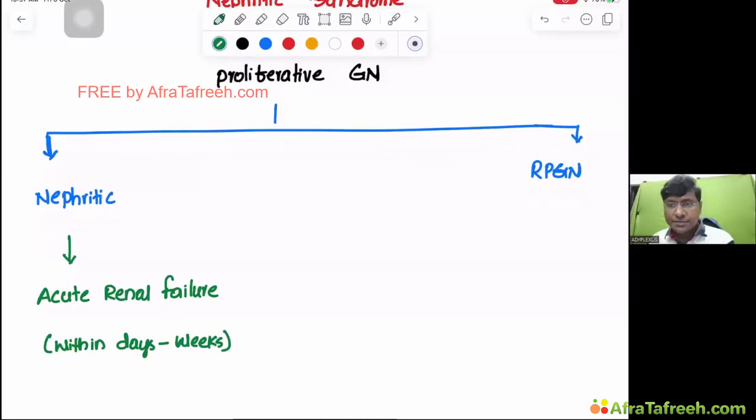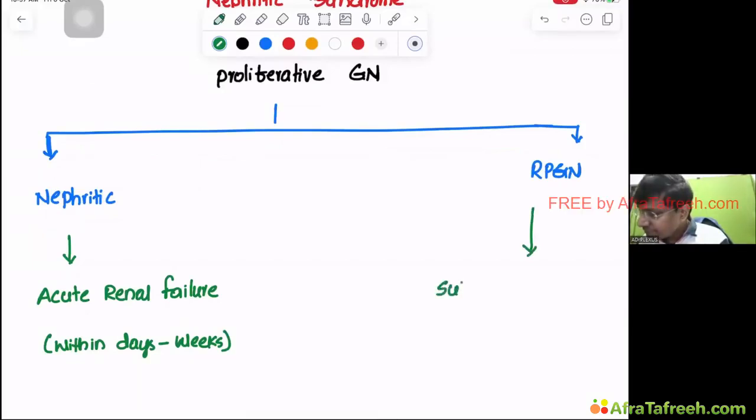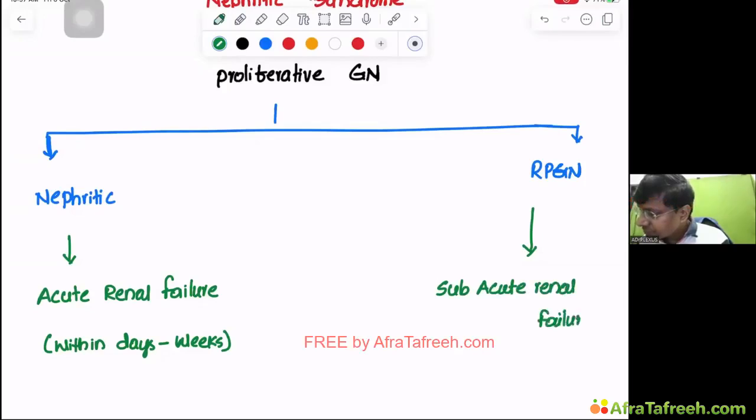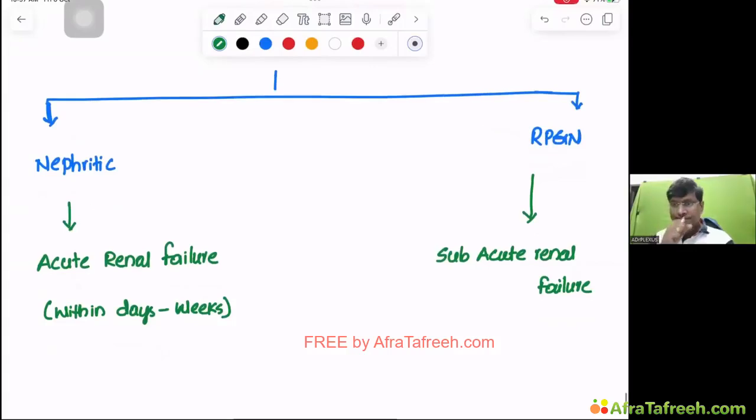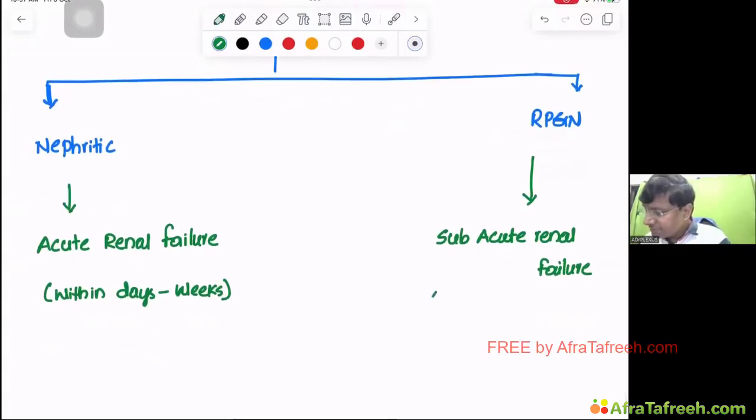Then RPGN, rapidly progressive glomerulonephritis, where these patients will have subacute renal failure.